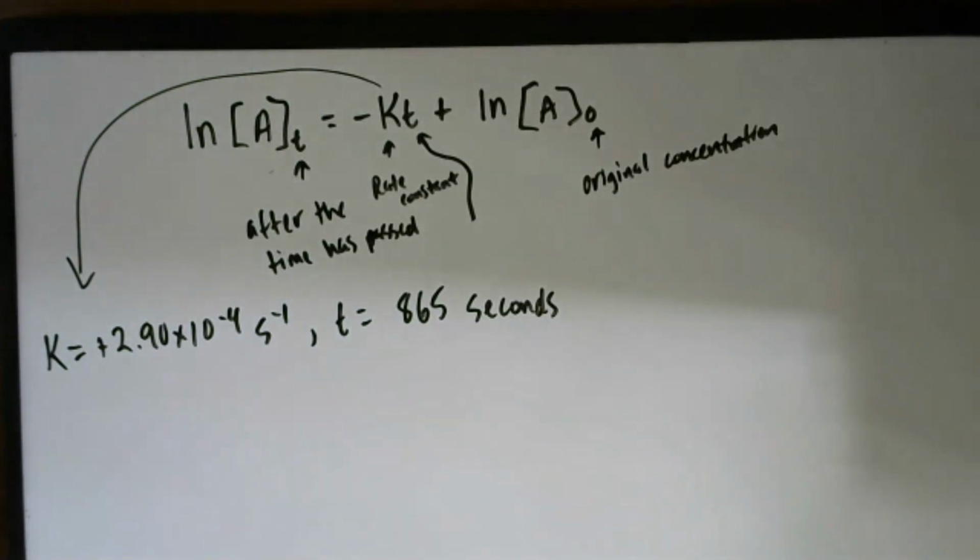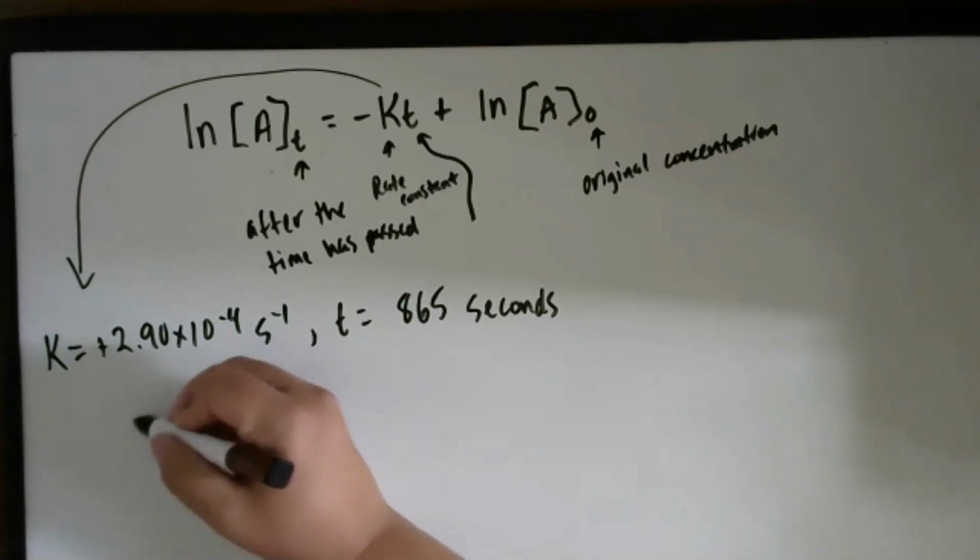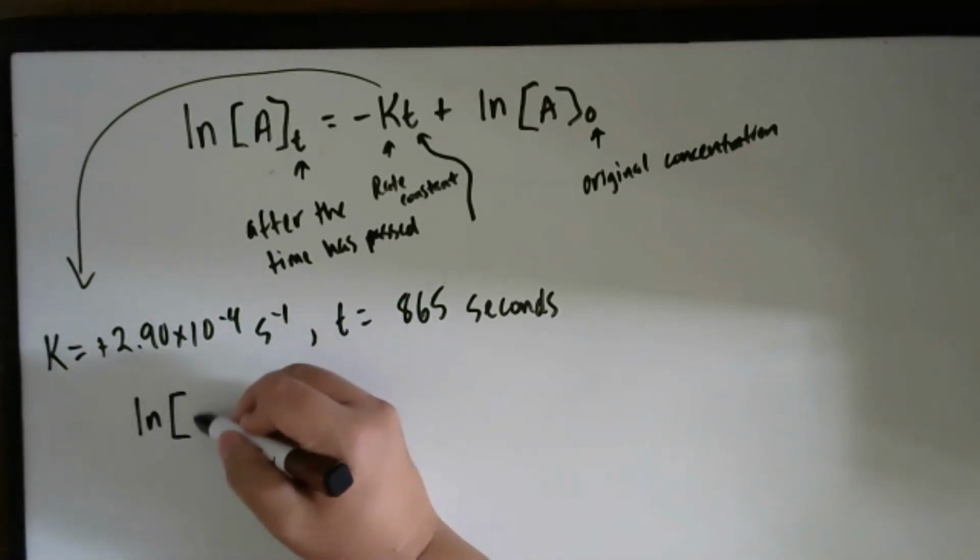you would have wanted to go back and convert the time into seconds before you started plugging things into this problem. All right, so now we're going to plug in what we know, and figure out what the concentration is after that time has elapsed. This is what we're solving for.